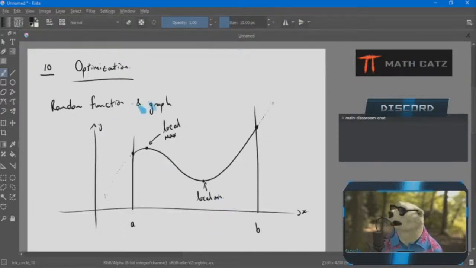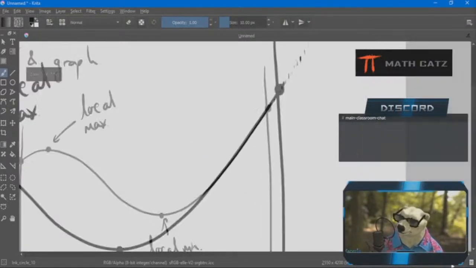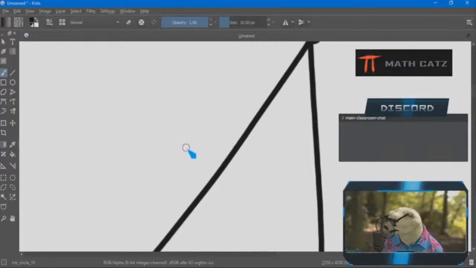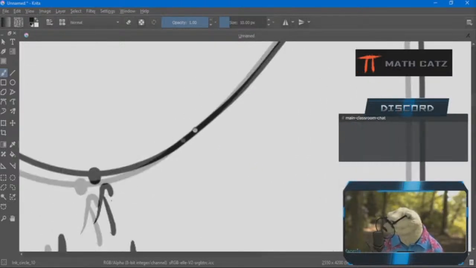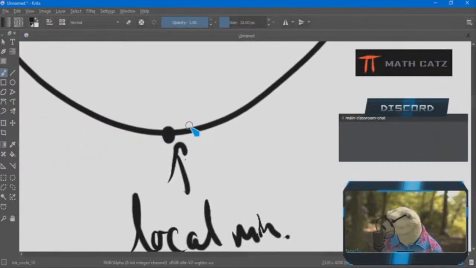Local because when I zoom in, that's aggressive zooming, but when I zoom in and I look at a very small window at that critical point, it is the smallest y value I'm going to get for the immediate small area that I'm looking at.